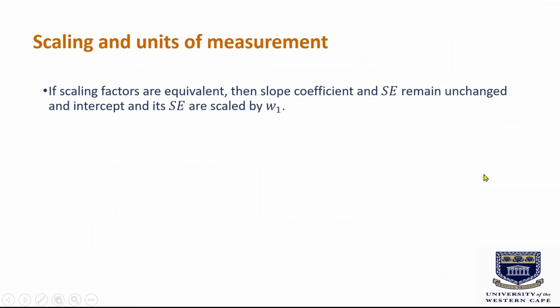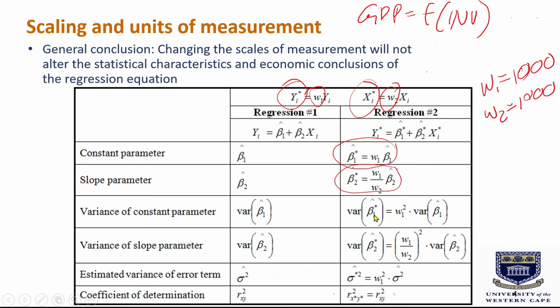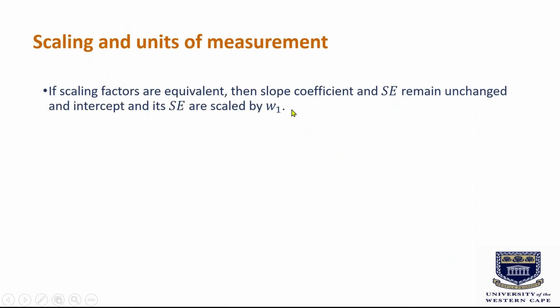Okay, so the next slide just gives you some rules of thumb, some implications of these formulas, and when you read these, I guess you can call them lemmas or just results from these formulas, try and match them to the actual formula on the previous slide. So the first point is that if the scaling factors are equivalent, then the slope coefficient and its standard error remain unchanged, and the intercept and its standard error are scaled by W1.